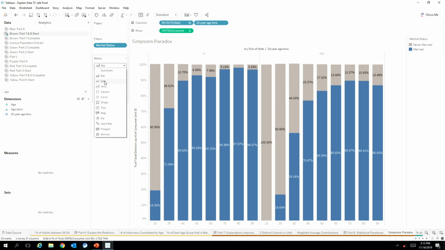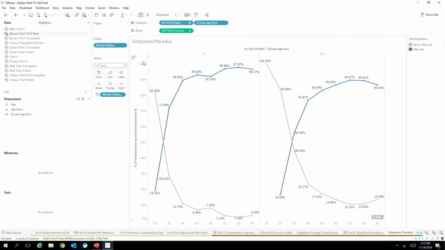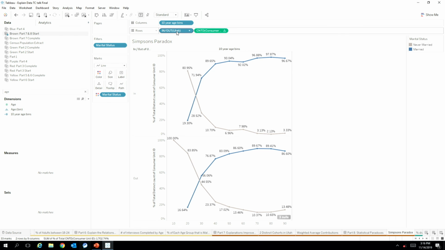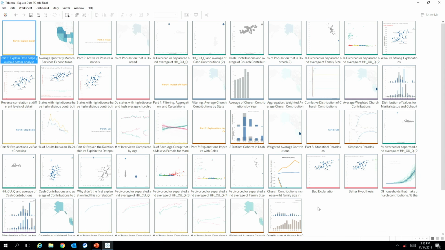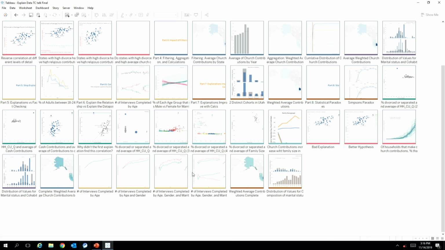split this out here. Let's make this a line. I've forgotten how to do Tableau in the panic of time, so let me just show you the final visualization. Oh, don't tell me it's not saved anywhere here.